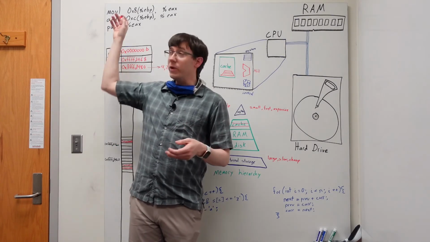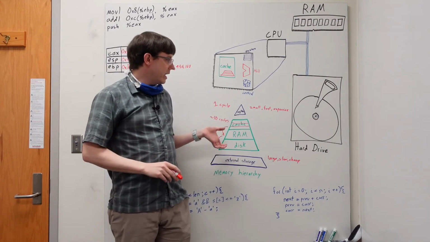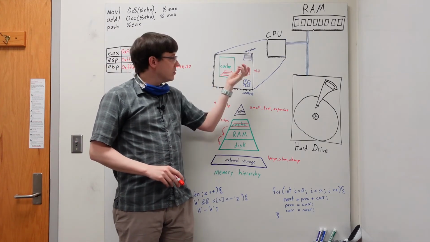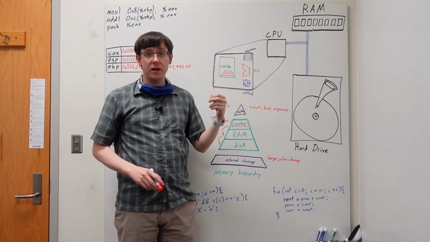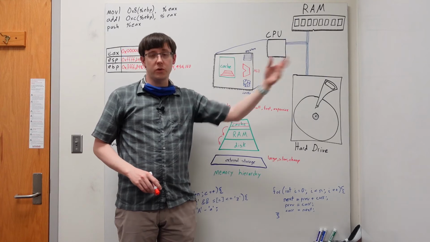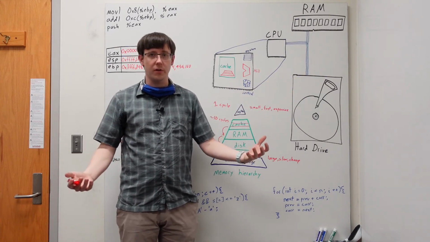When we think about read or write operations, we're thinking about, is data being sent outside of just the registers? If we have to send data to the cache or to the RAM or to the disk, then we're performing a write operation.